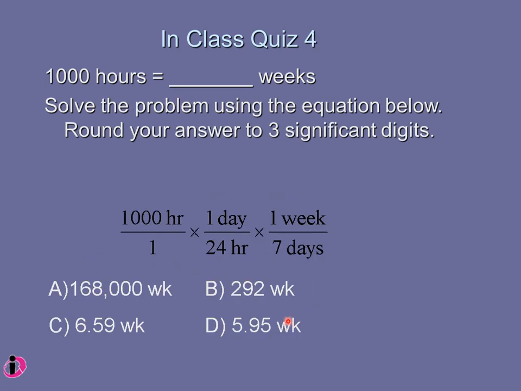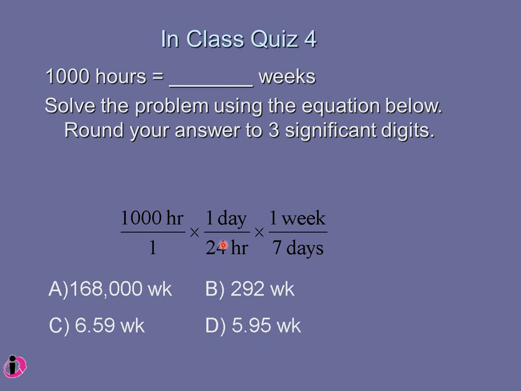But again, just like the previous one, you have to do the math. So 1000 has to be divided by 24, and again you divide it by 7. Or you multiply 24 and 7 and divide 1000 by that. How much do you get? 1000 over 24 over 7.